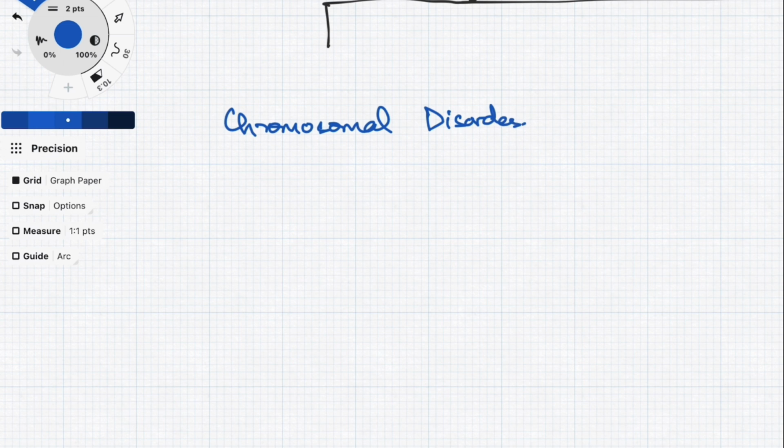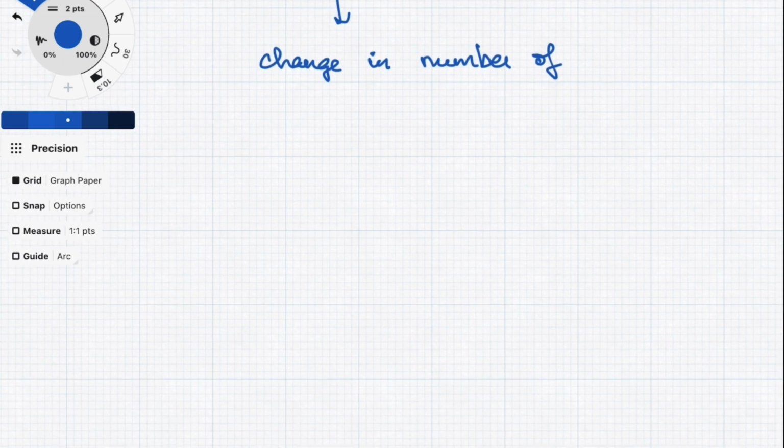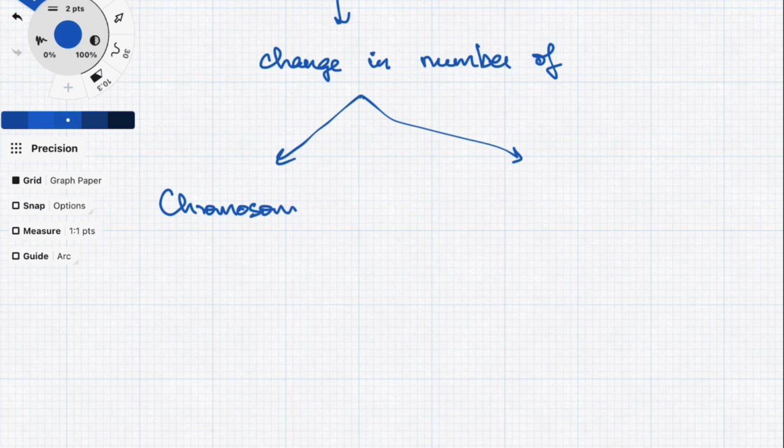Now what happens in chromosomal disorders is there is a change in the number of either the entire chromosome or segments of chromosome.